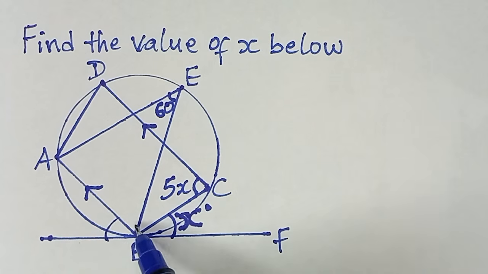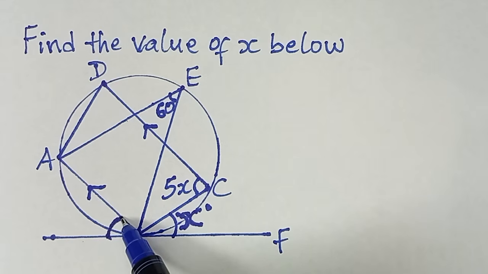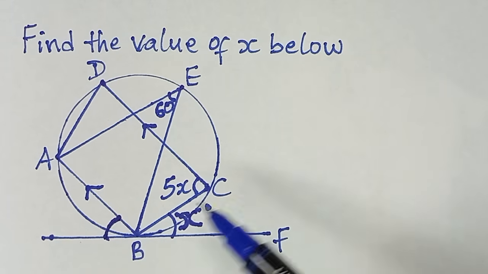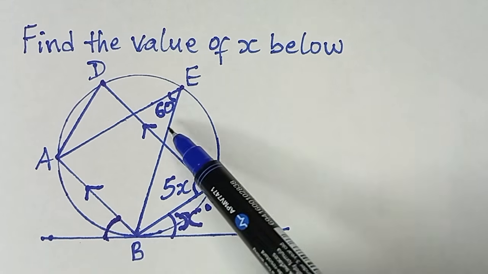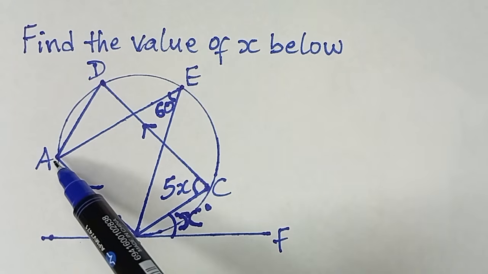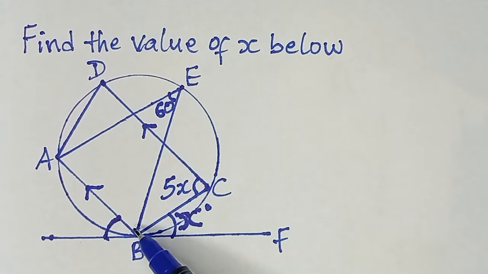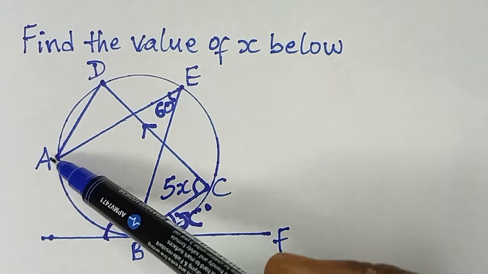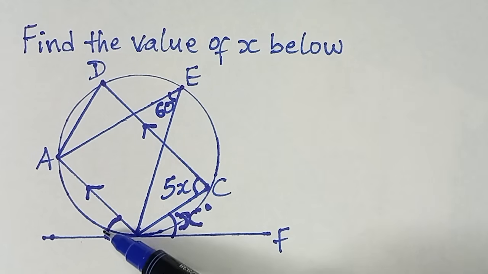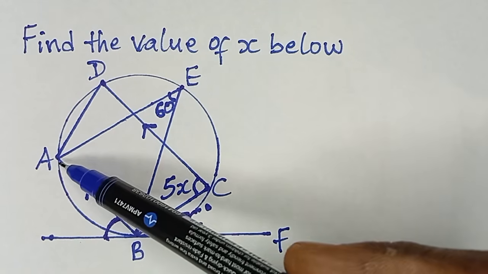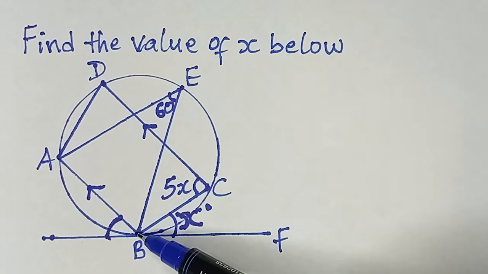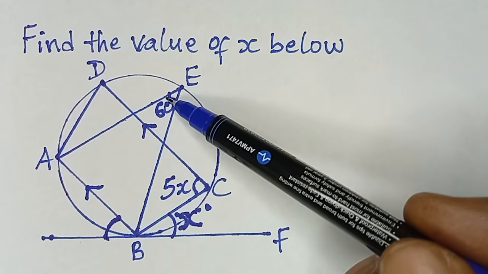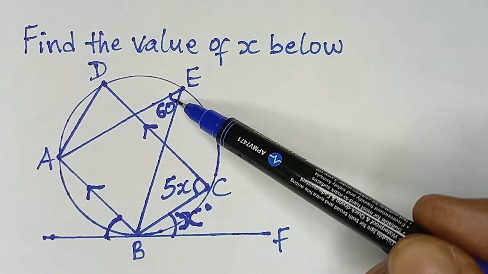The theorem that should come to your mind when you have a situation like this is that angles in alternate segments are equal. What that means is that the angle that a chord makes with a tangent is equal to the angle that the same chord makes inside the triangle that it creates.